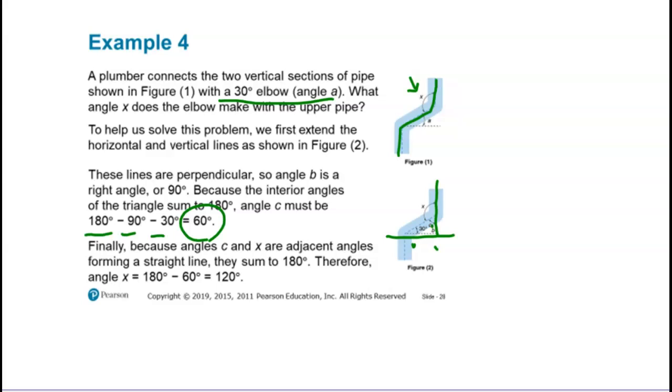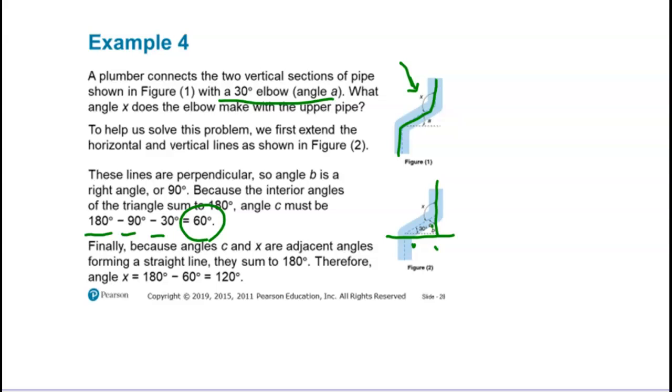With that information, we can go ahead and solve for X. Remember, this is what we're looking for, the original question. X is going to be the difference from angle C down here, which is the alternate interior angle.